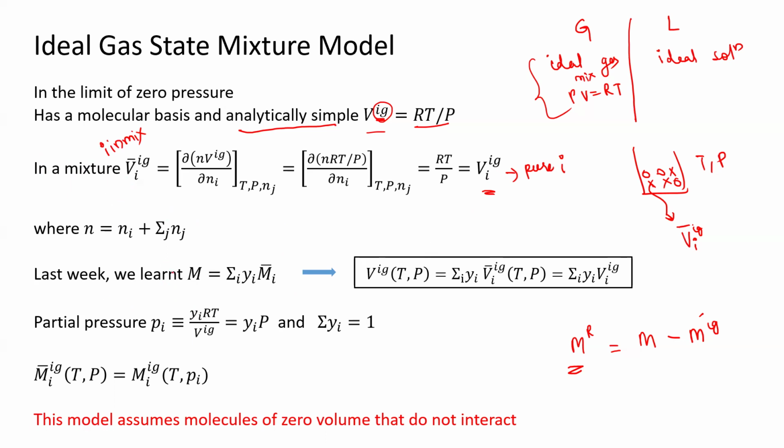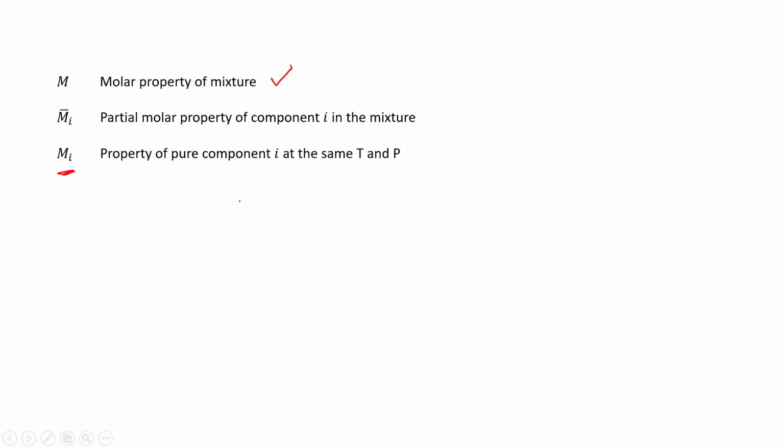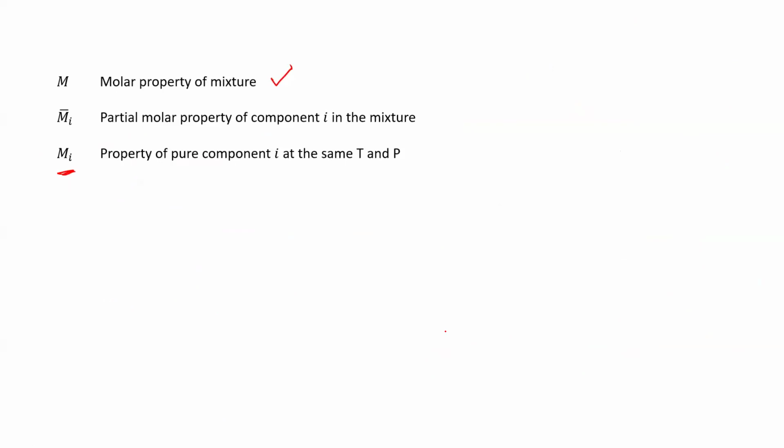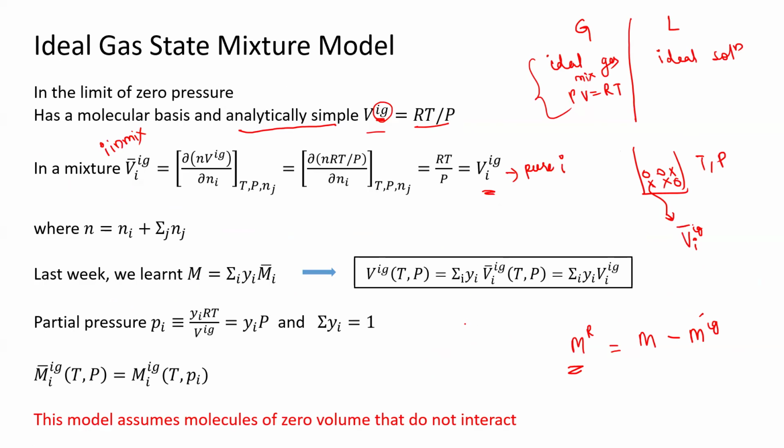Last week we learned that the total molar property M is equal to the summation of the mole fraction into Mi bar, Xi Mi bar, as I have shown here. Since it's a gas mixture, we use Yi, which is also the mole fraction.